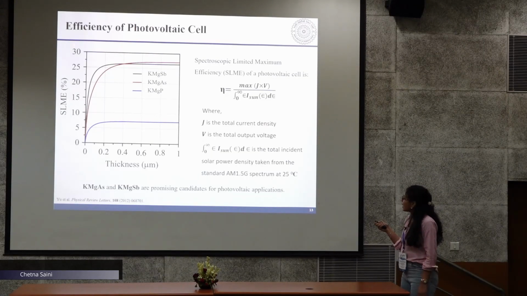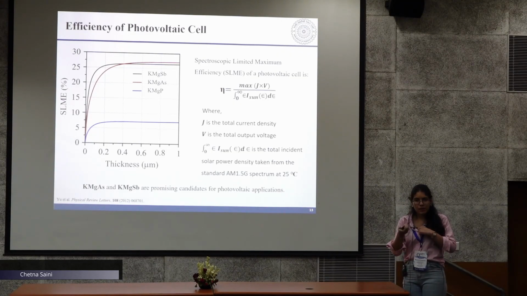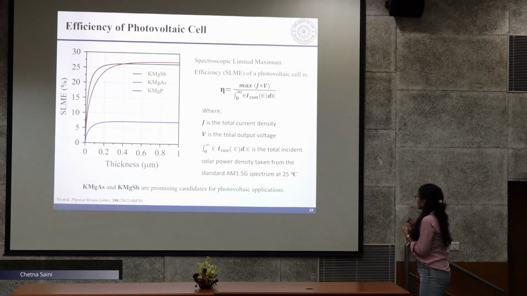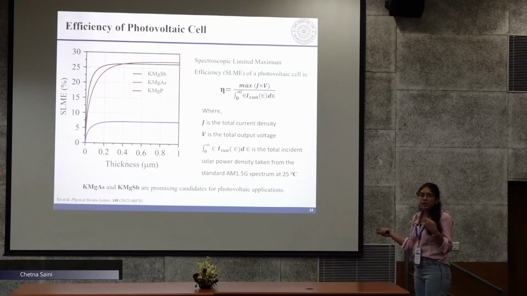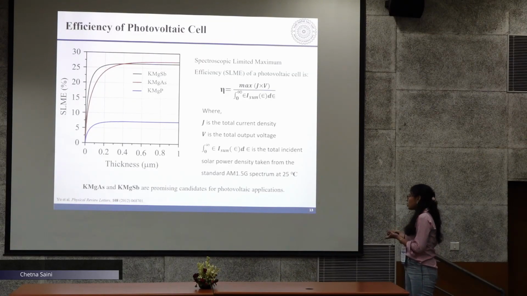As shown in this diagram, the SLME value increases and gradually saturates, and KMGSB and KMGAS show a higher SLME value as compared to KMGP. These results indicate that these 2 candidates, KMGAS and KMGSB, are promising candidates for the photovoltaic application.